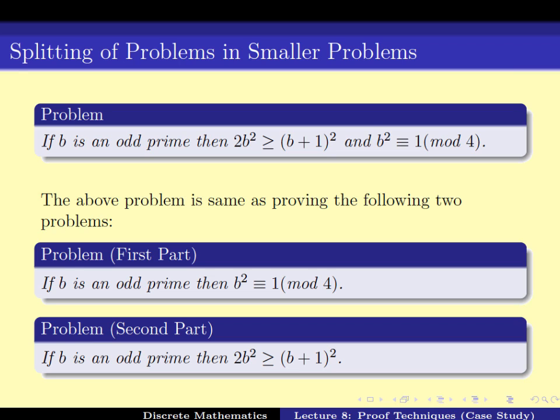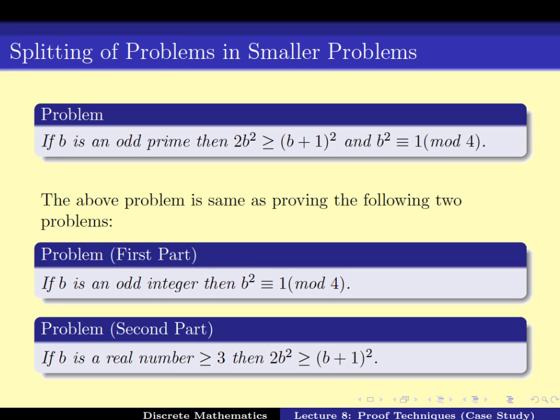In particular, we looked at what property of the odd prime, given the fact that B is an odd prime, do we need in either of the cases? And what we realized is that in the first case, all we need is that B is an odd integer, and in the second case, all we need is that B is a real number greater than or equal to 3. These are typical examples of problems where redundancies in the assumptions are not required.